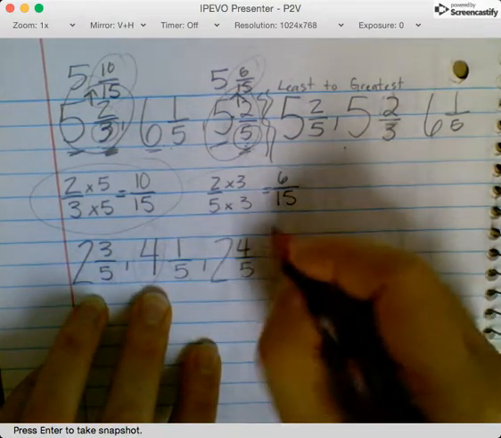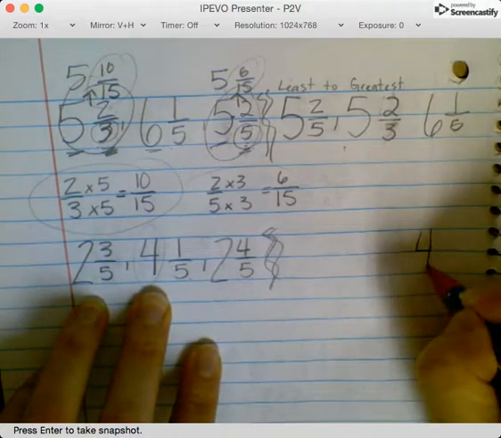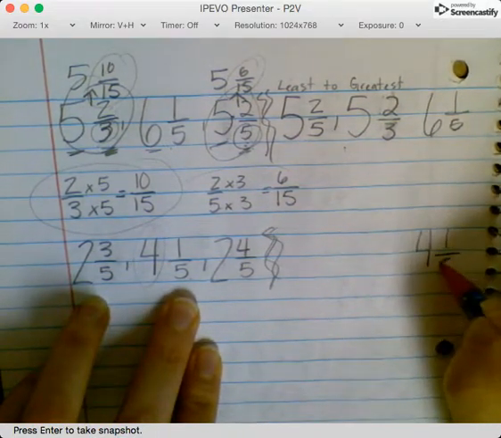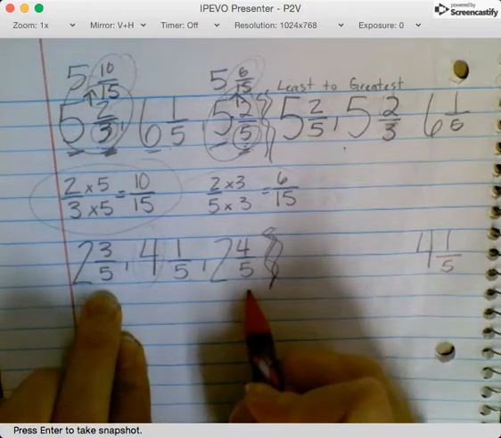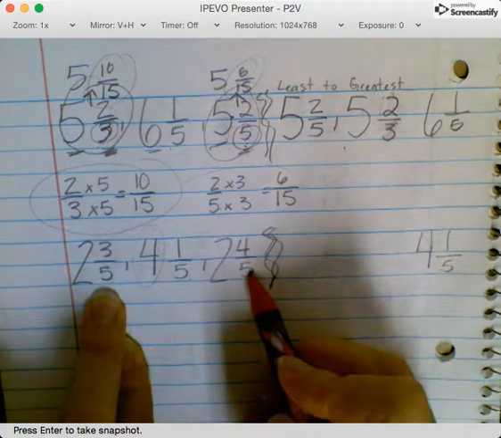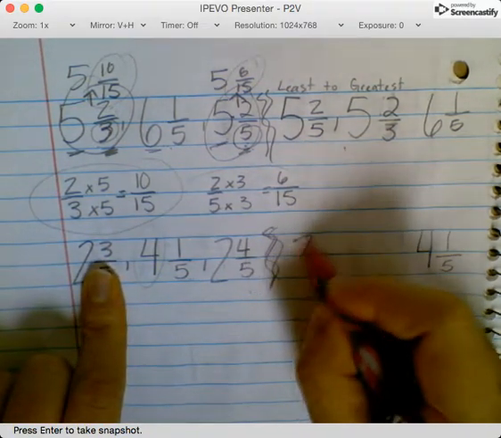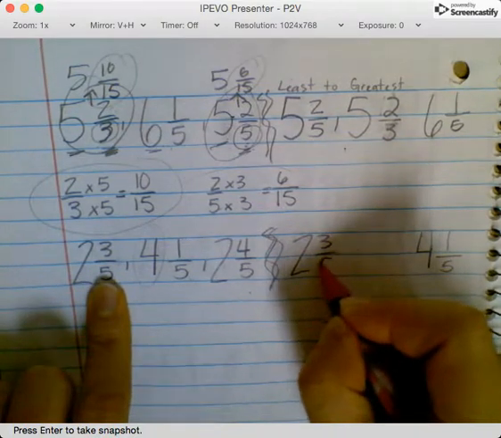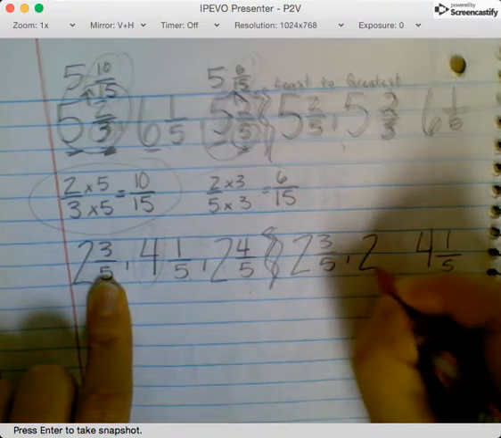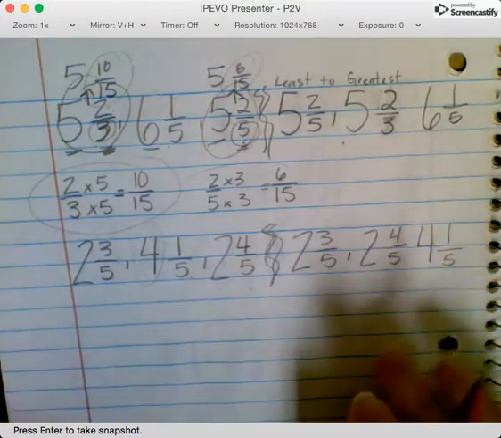We know our 4 is our biggest, so that's going to be last. And then we have to compare the other ones that have a whole number of 2. So 3/5 and 4/5, I know that 3 is less than 4, so we have 2 3/5, 2 4/5, and then 4 1/5.